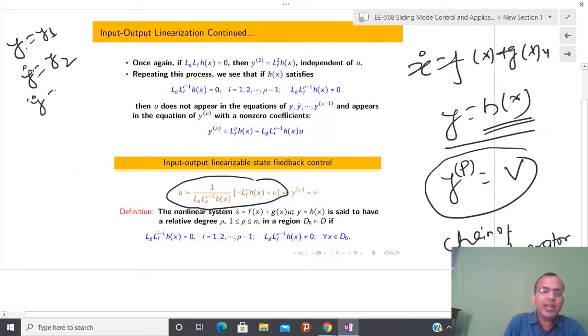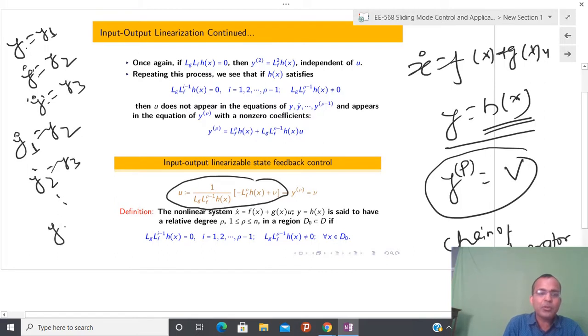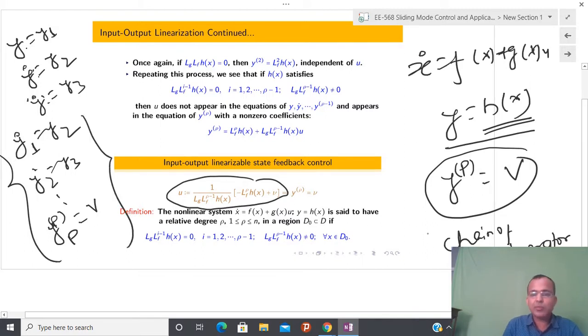Then it is possible to show y1 dot equals y2, y2 dot equals y3, up to y p dot equals nu. Here the indices go 1, 2, up to p, because there are p derivatives. Then we get a system that I can represent like this, and for that reason this is called a chain of integrator system. Anyone has confusion?